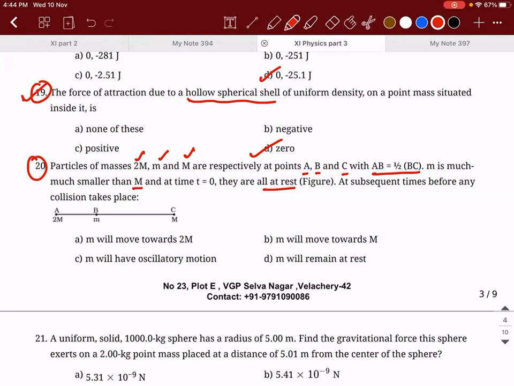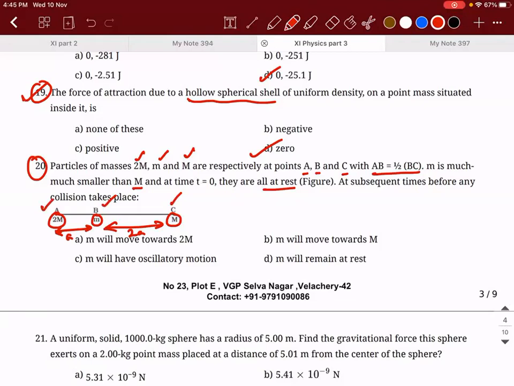So there are particles of mass 2m, small m, and capital M, which are placed at the points A, B, and C, where AB is equal to half of BC. Okay. So if I take BC as 2a, then AB will be a. Small m is much smaller than capital M. So when it is smaller than capital M, it will be smaller than 2m also. Now what will happen? The small m will move towards 2m.